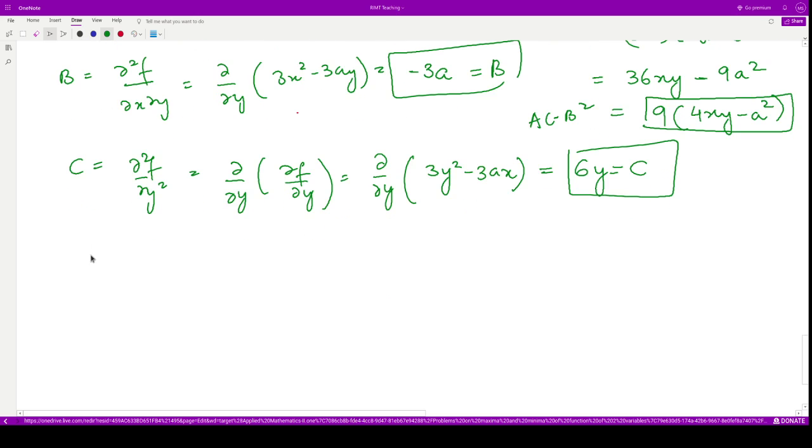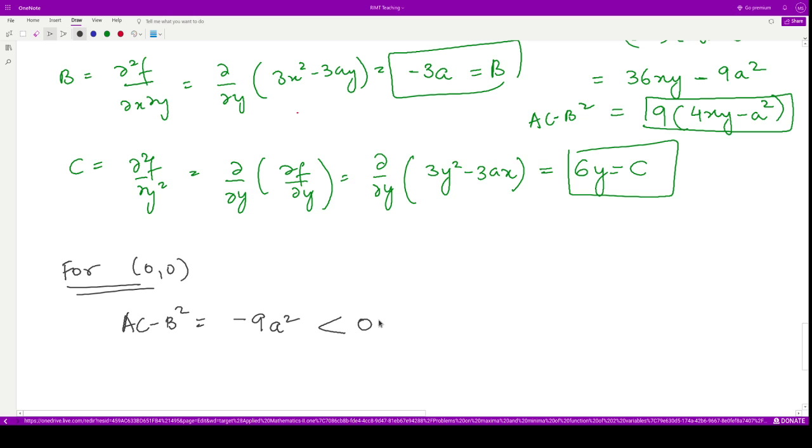So for the point (0, 0), what is your ac minus b square? It is equal to minus 9a square. Now obviously 9 is positive, a square is also positive, so this quantity is negative.